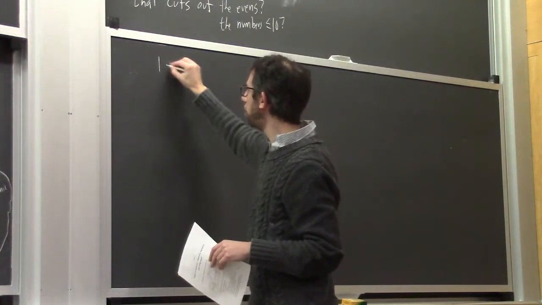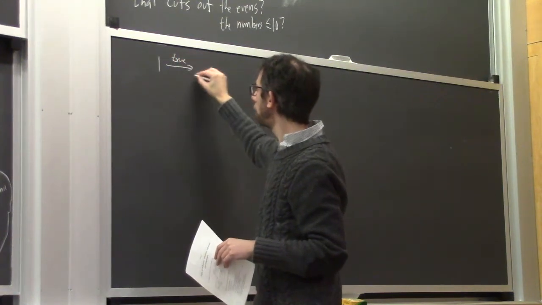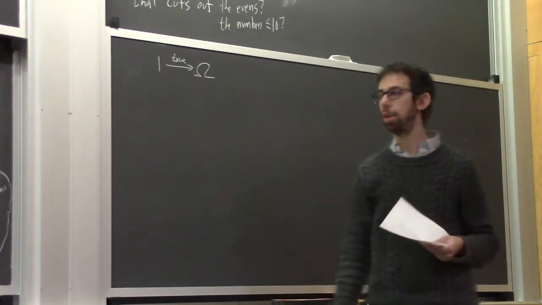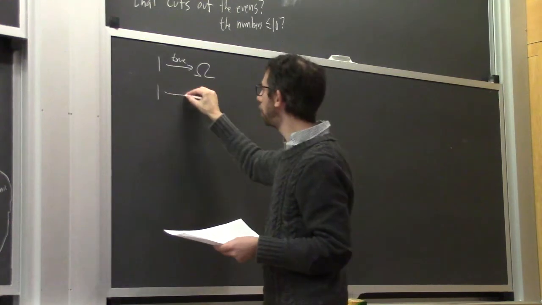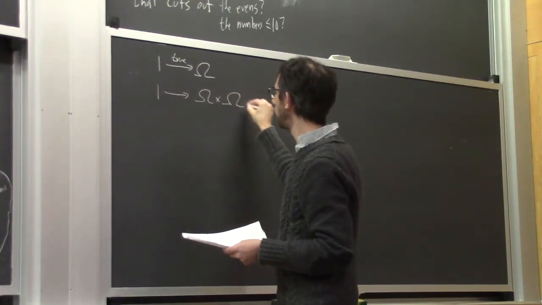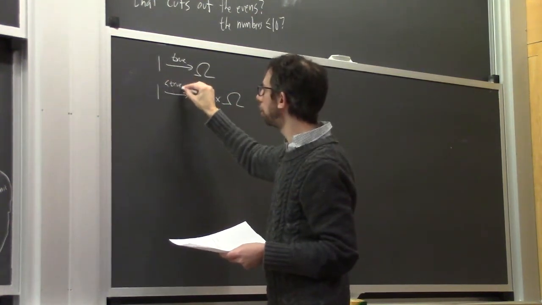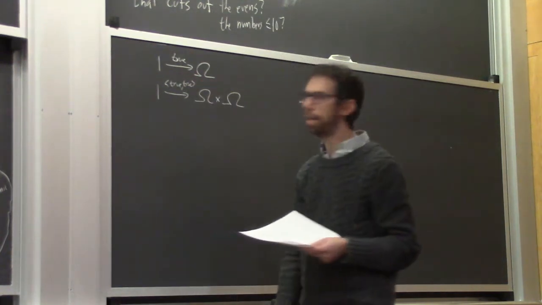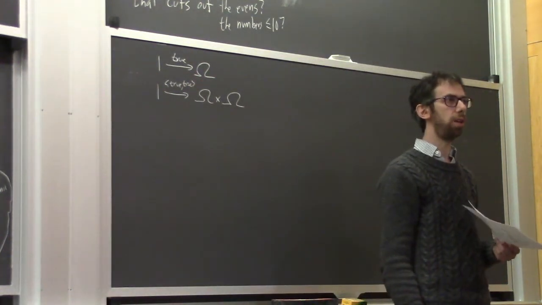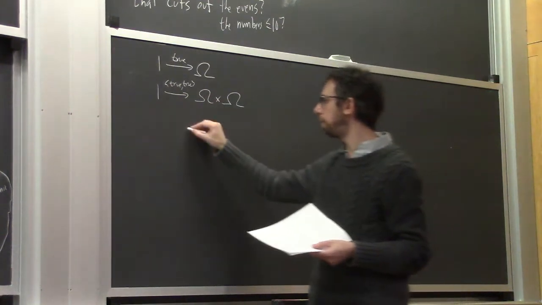So for example, I have this map called true from 1 to omega in any topos, but that gives me a map from 1 to omega times omega called true comma true. And that's a subobject, because any map out of 1 is a monomorphism.